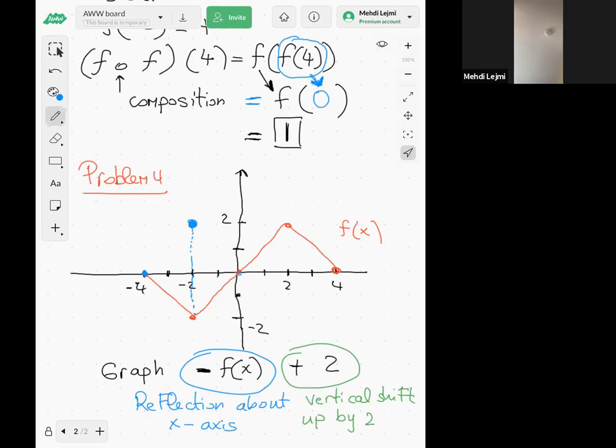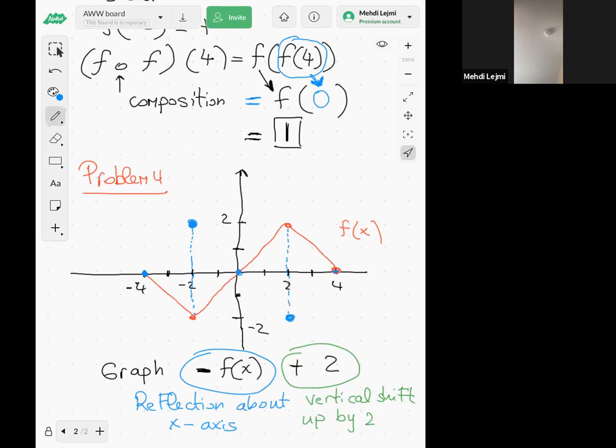This one here lies on the x-axis, so it doesn't change. This one here is a distance of 2 from the x-axis, so we go down by 2. And this last point lies on the x-axis, so its image is the same.